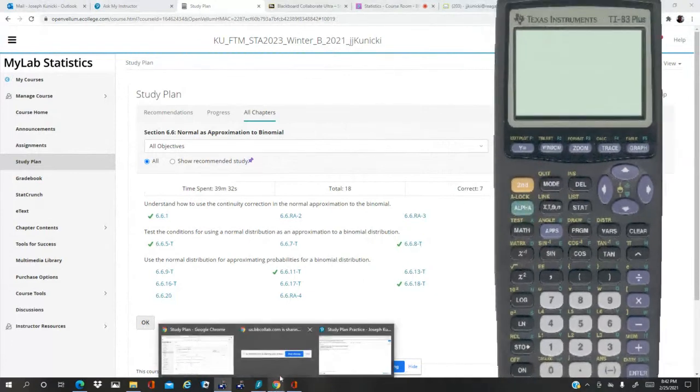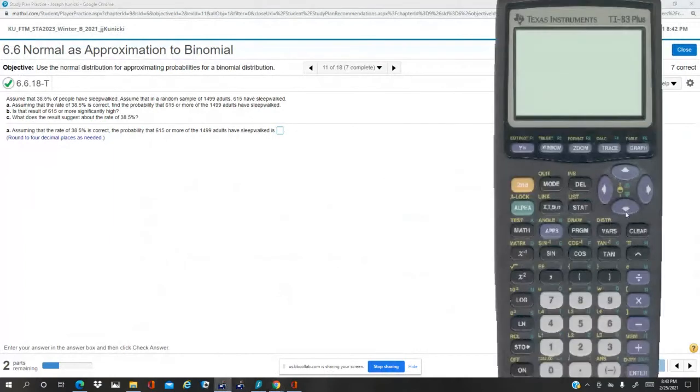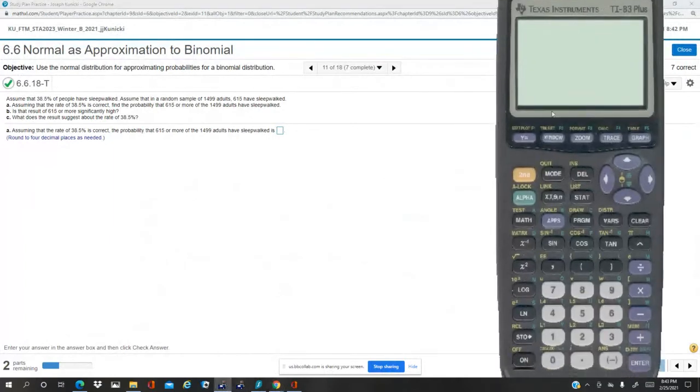The mean is NP. So we're going to assume that P for the population is 38.5%. So 0.385 times 1499. This will be our mu. 577. We can't use a partial, so we're going to say mu is 577.